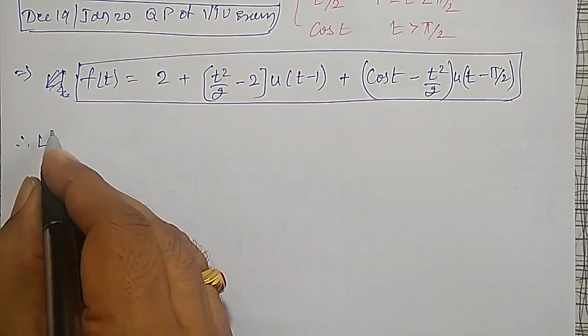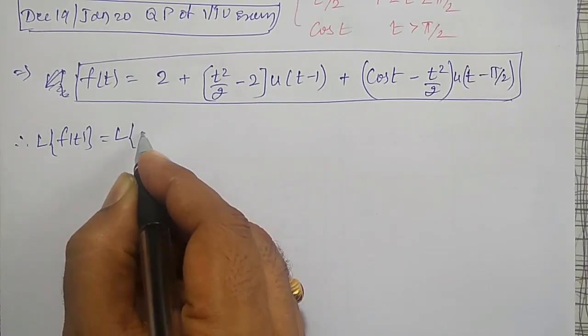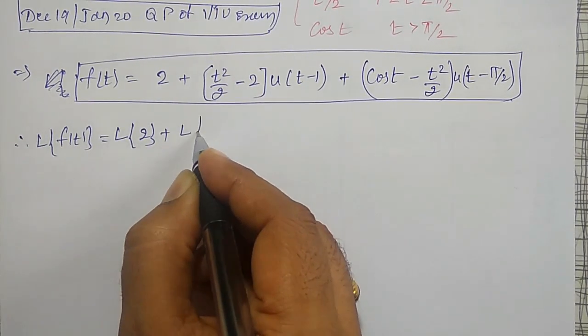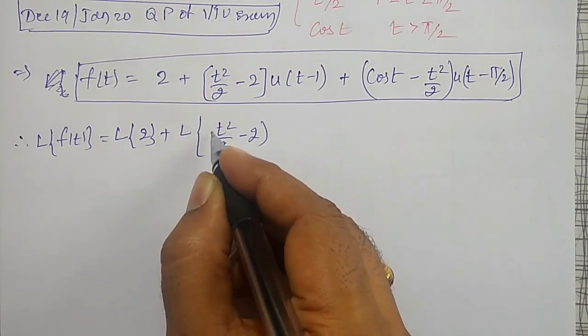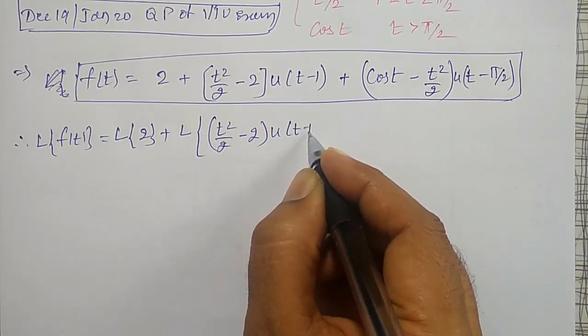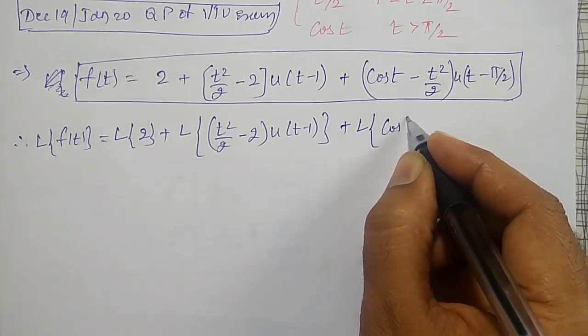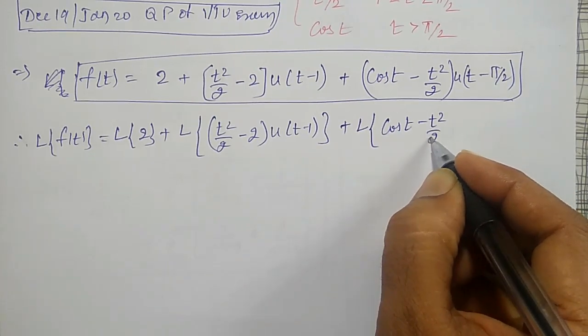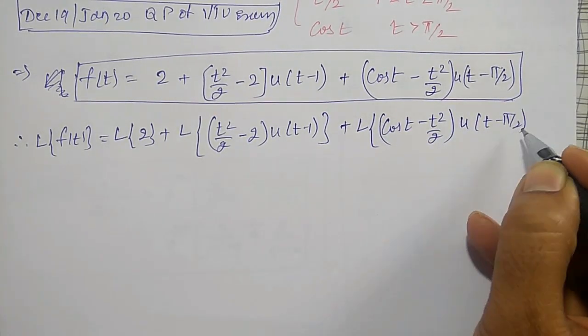Therefore, Laplace transform of f of t is Laplace transform of 2 plus Laplace transform of t square by 2 minus 2 into u of t minus 1, plus Laplace transform of cos t minus t square by 2 into u of t minus pi by 2.